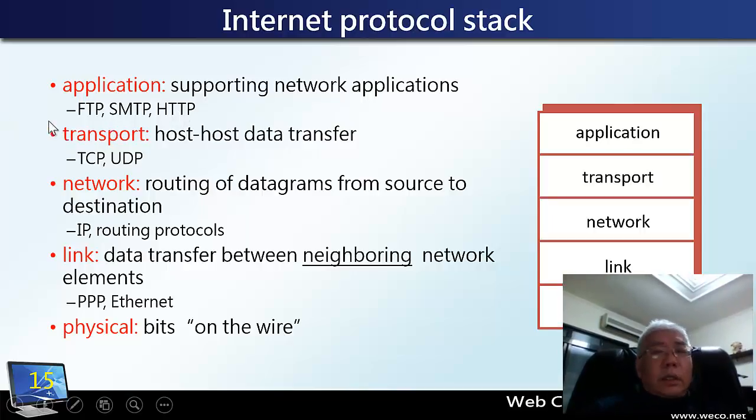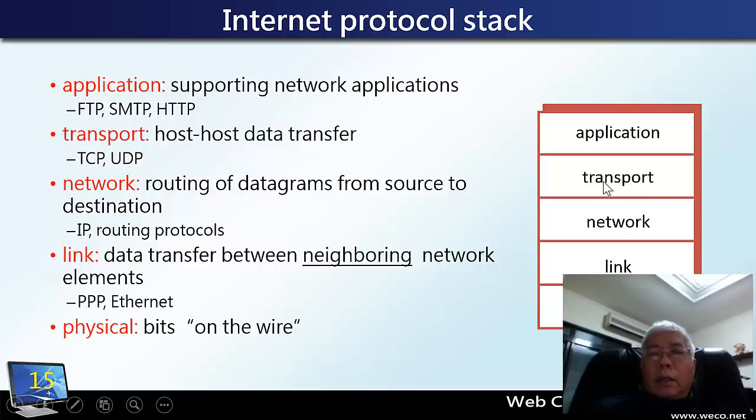And the next is the transport layer. The transport layer protocol is host-to-host data transfer. The most famous ones are TCP and UDP. Actually, HTTP is on top of TCP. TCP is a connection-oriented protocol, and UDP is a connectionless protocol. We'll talk about this more when we get into the HTTP protocol.